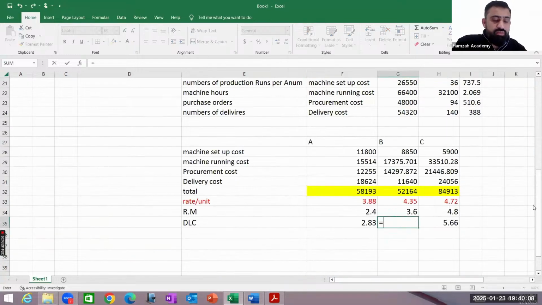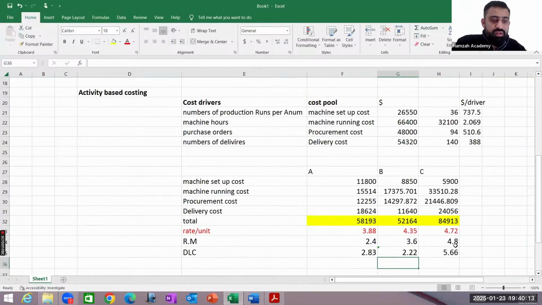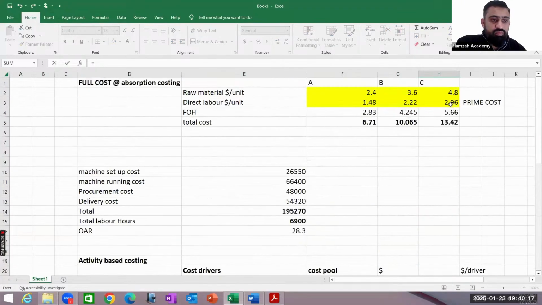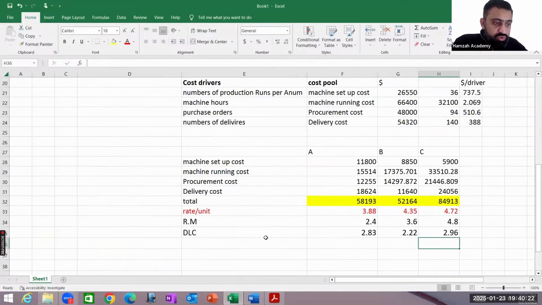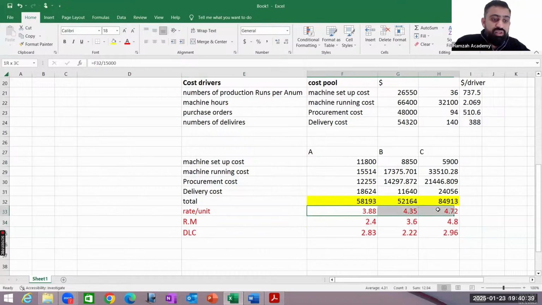For B it will be 2.22. And for C it will be 2.96. So these are the values of raw material and direct labor, the same as in traditional costing. And the thing which is different is the overhead absorption rate per unit in an ABC costing system.